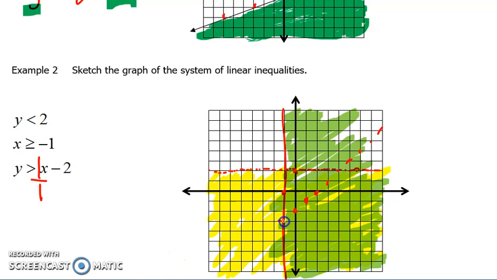Go the other way down. And I'm not going to connect this one because it has no equal sign. And then I'm going to shade for this. Y is greater than -2, so we're going to go up. So we're going to shade this way.